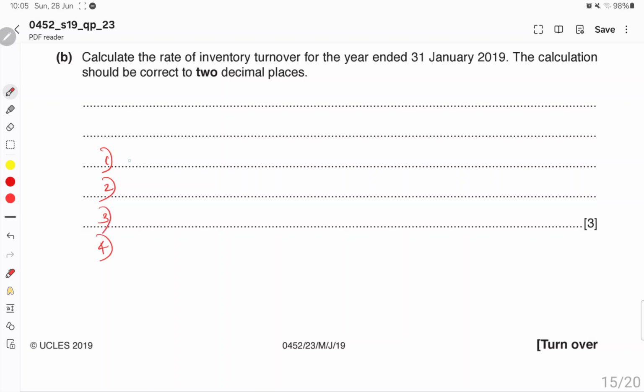First one is outstanding or accrued expenses, also known as due, etc. Then outstanding or accrued income. Then prepaid expenses. Then income received in advance or prepaid income.